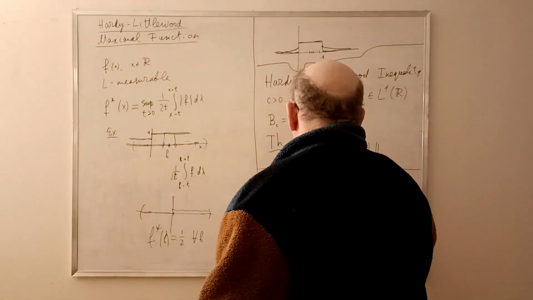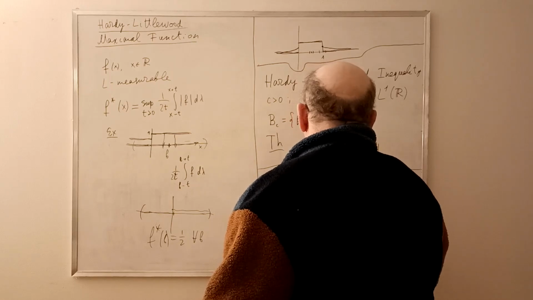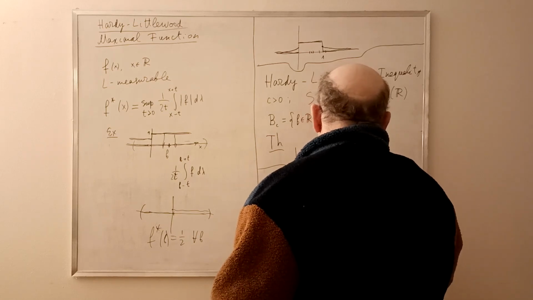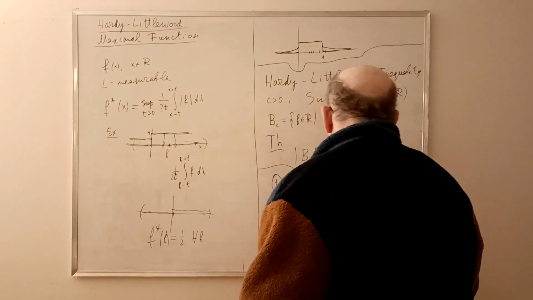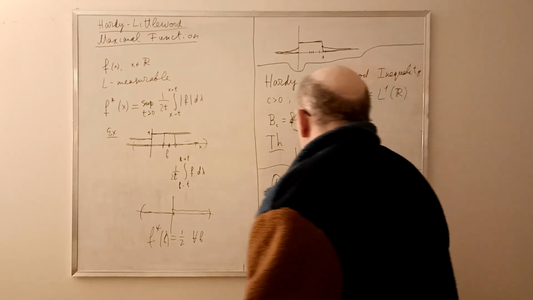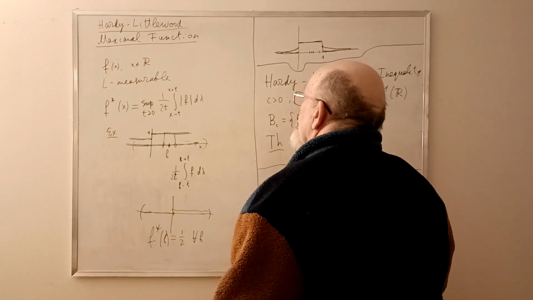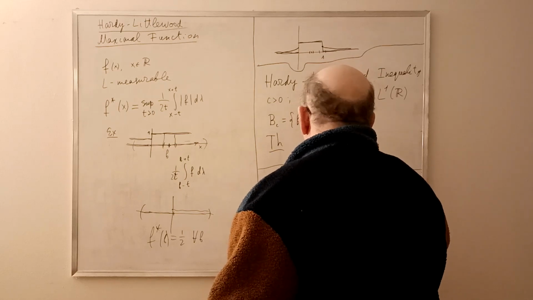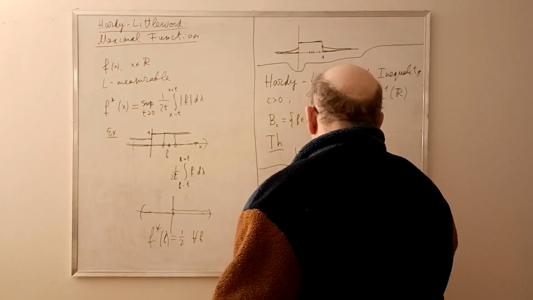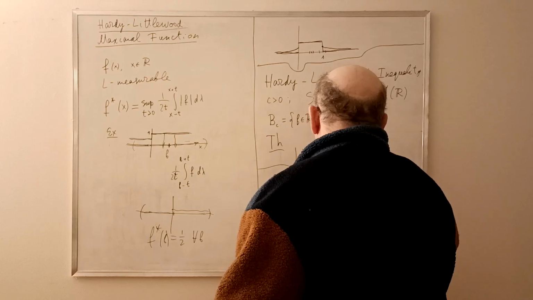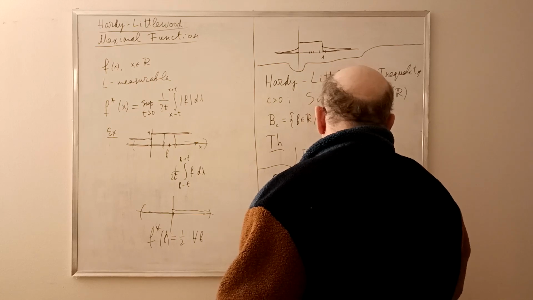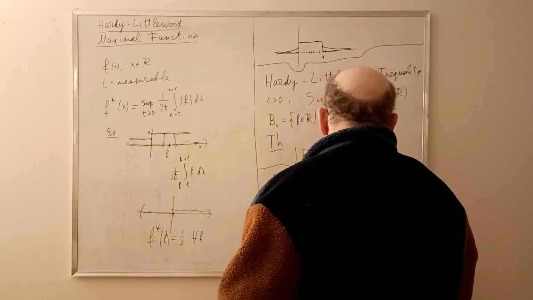Proof. If, say, x is in B_c, then the supremum over t of 1 over 2t times the integral from x minus t to x plus t of modulus of f d lambda is more than c.